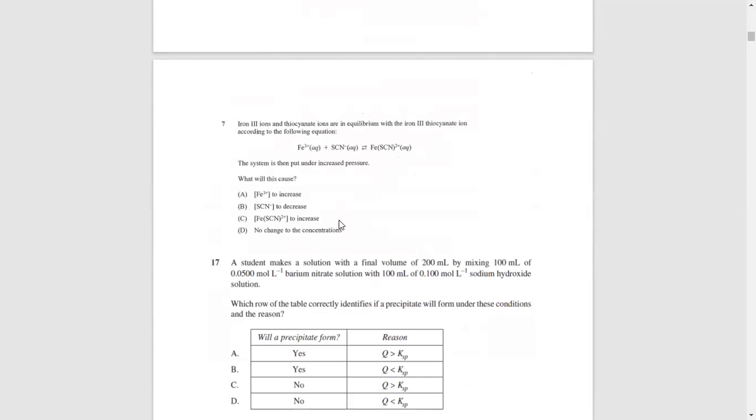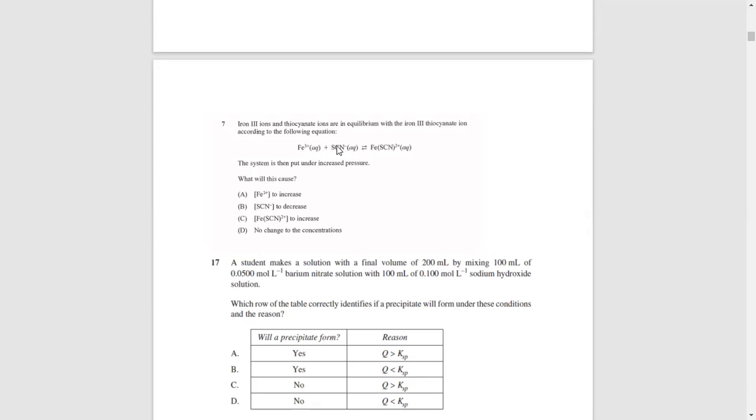You've got iron 3 ions and thiocyanate ions in equilibrium with the iron 3 thiocyanate ion according to the following equation. Now, you may or may not be familiar with this, but you would have come across it in module 8. The thiocyanate ion is the confirmation test for iron 3.